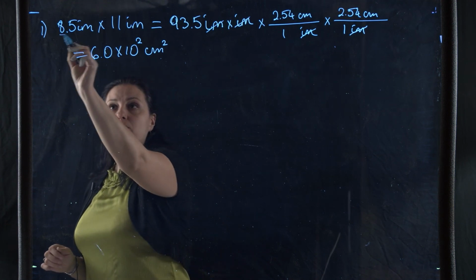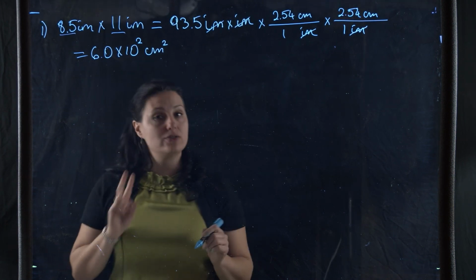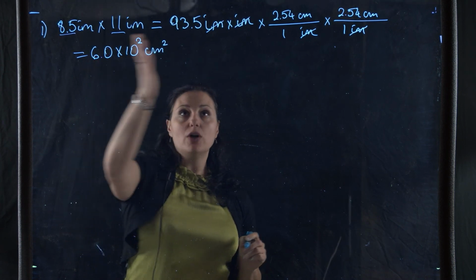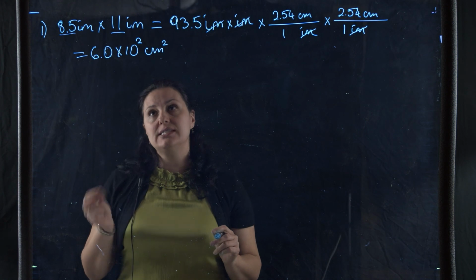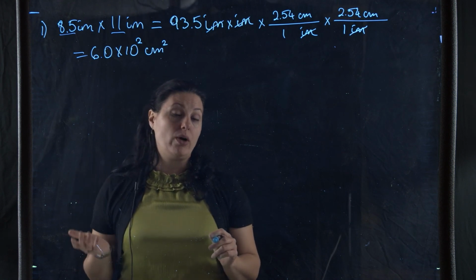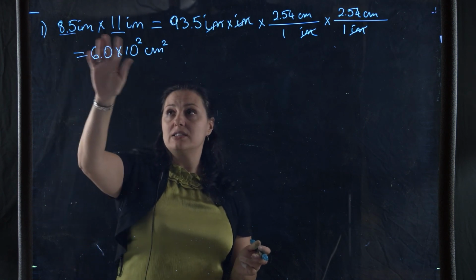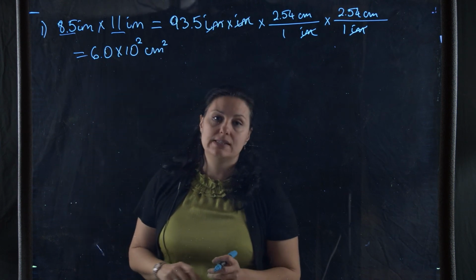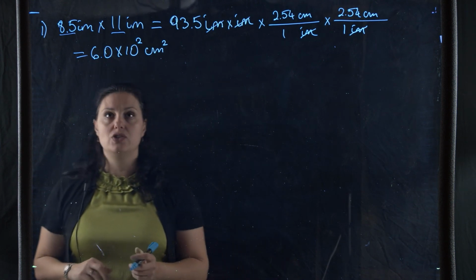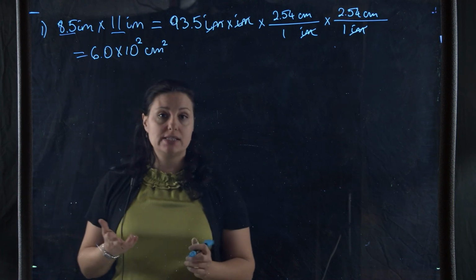Because 8.5 and 11 both have 2 significant digits, and I'm multiplying throughout, my answer should have the same number of significant digits as the one that has the least. And because these both have the same number, which is 2, my answer will also have 2 significant digits.